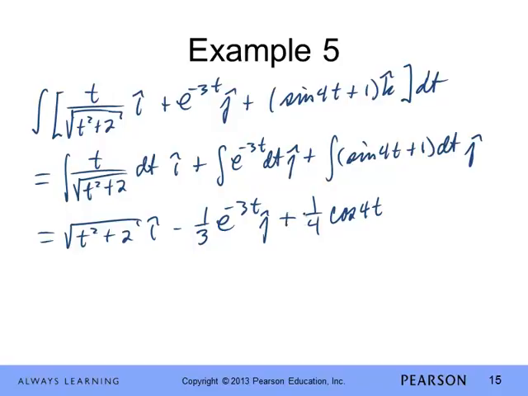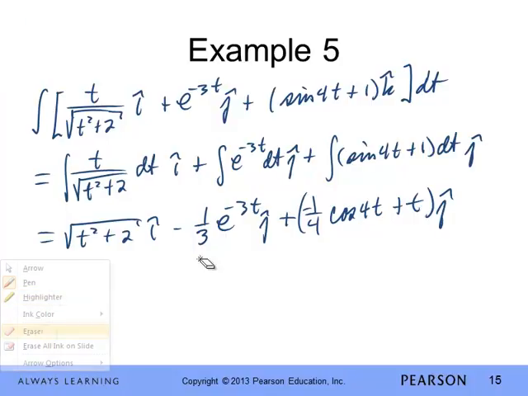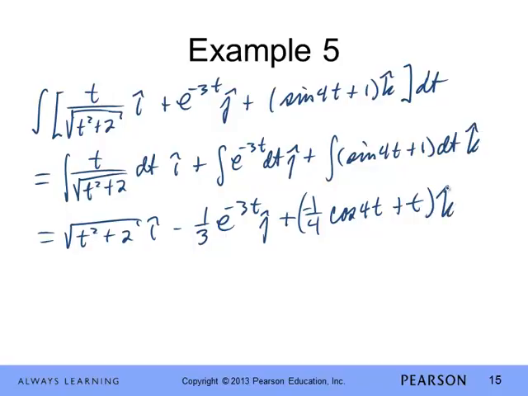So actually this will have to be a plus a negative 1/4 cosine 4t plus t k hat. Let me fix that k hat. It's supposed to be k hat there. Sorry about that. See, that's why we do our work in pencil. At least me, because I know I make mistakes from time to time. All right, so there it is.